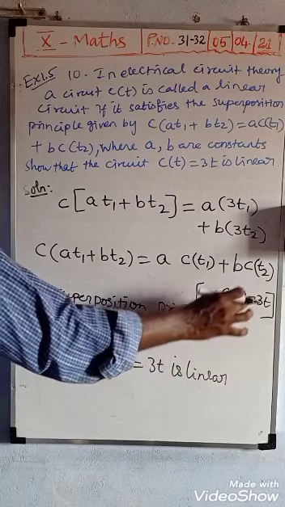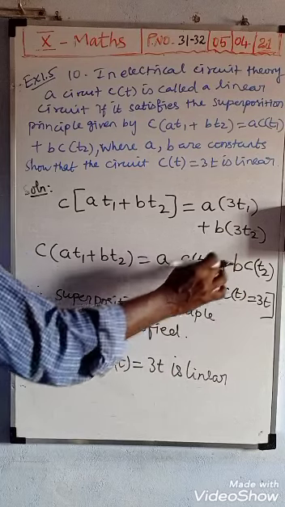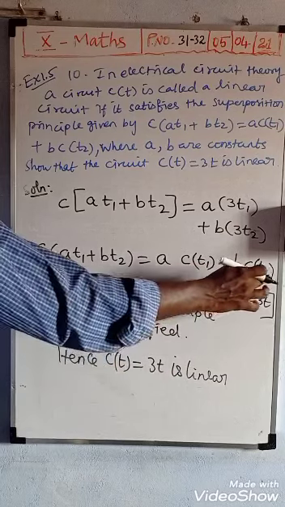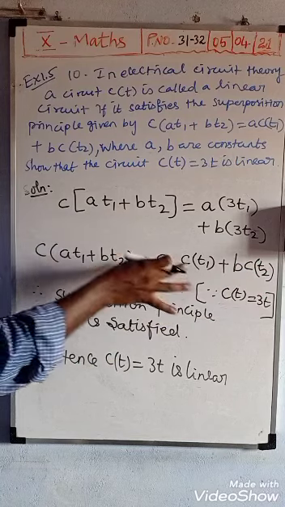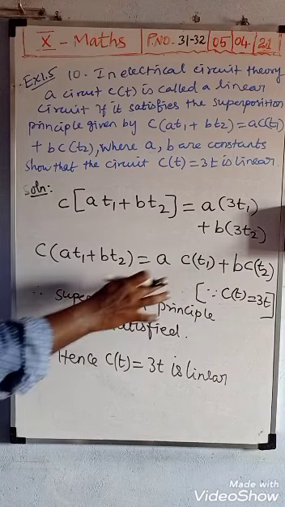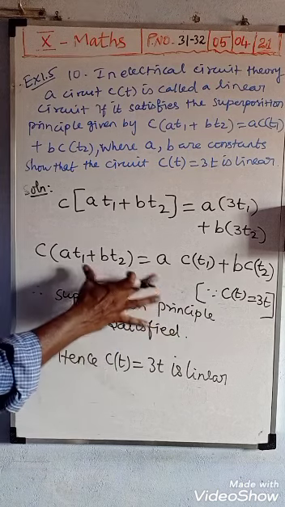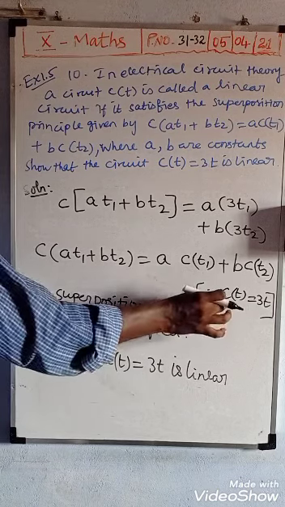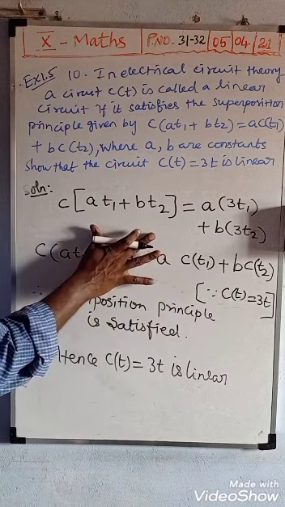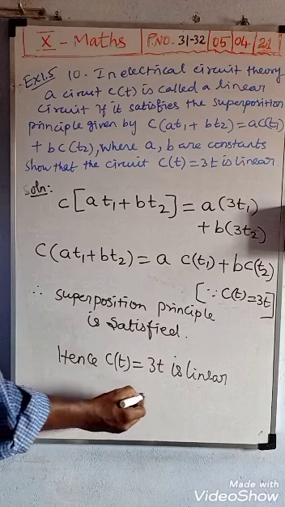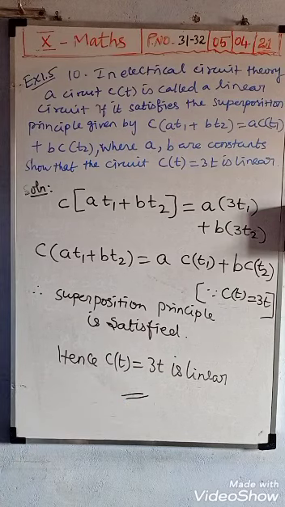When I substitute C of T is equal to 3T, we received a C of T1 plus b C of T2 on the left hand side, and we received the superposition principle on the right hand side. So using this result only, we can say it is linear. Therefore C of T is linear. So this only we wanted to show, so we have received that answer. That's all.